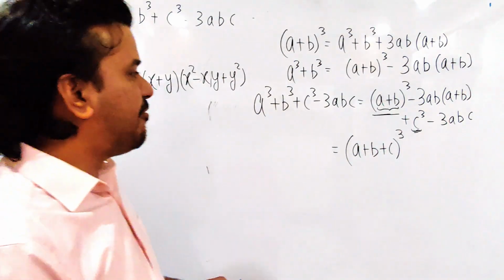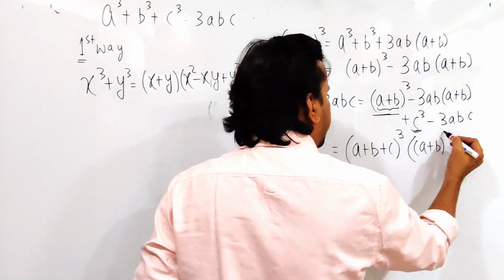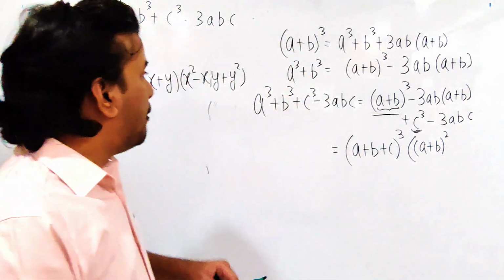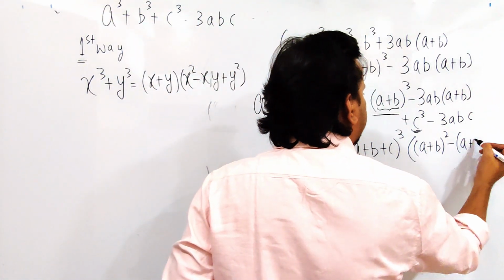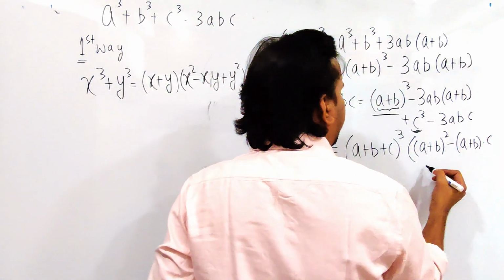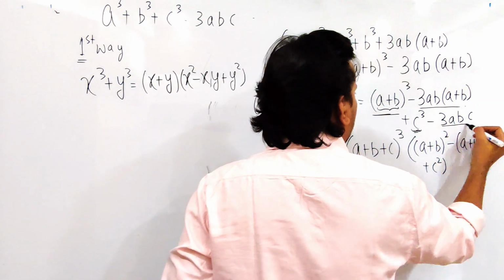So this is x cube plus y cube, and this is going to be x plus y, multiplied by a factor of x square minus xy plus y square. x square is going to be (a plus b) whole square, then minus of x into y, that is minus of (a plus b) into c, and then finally plus c square. And what we are left with is these two terms.